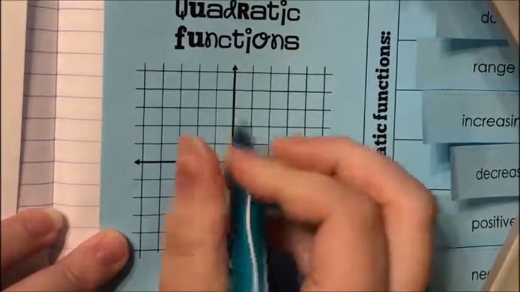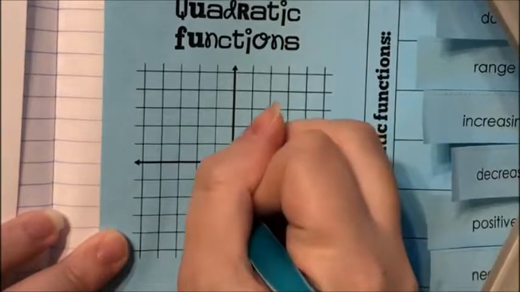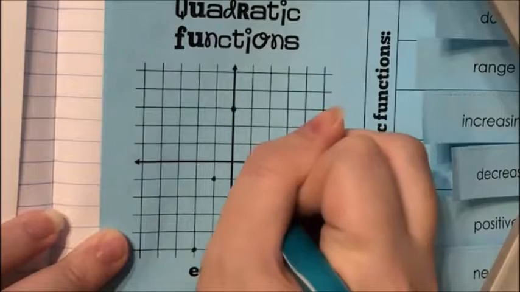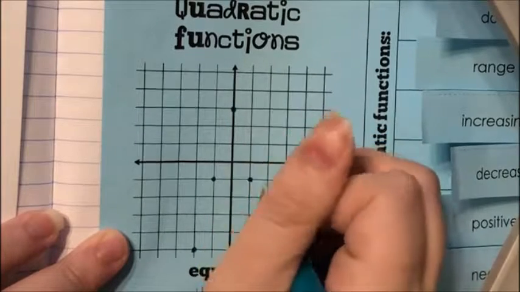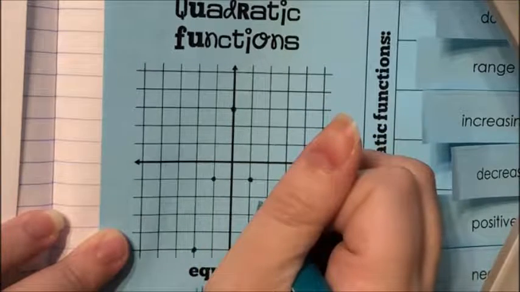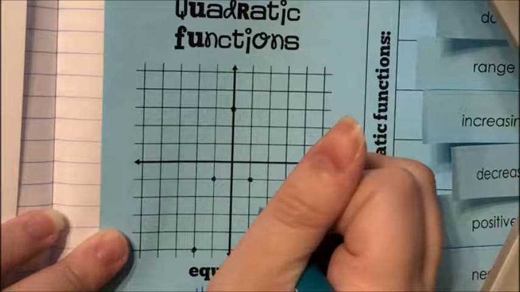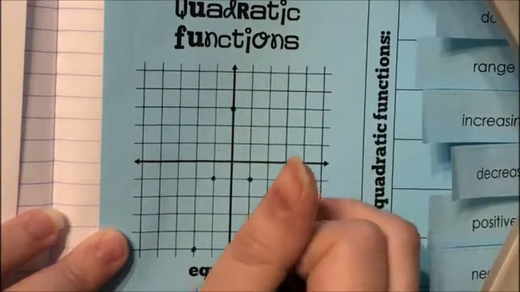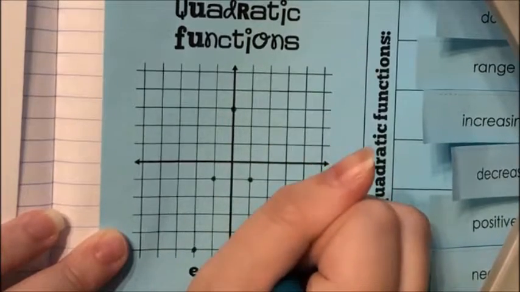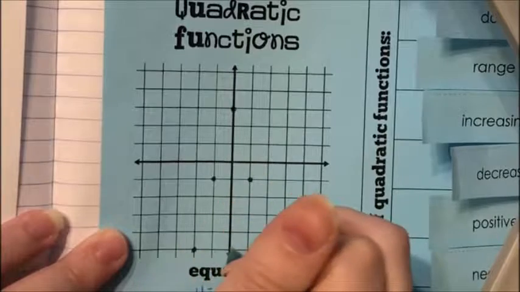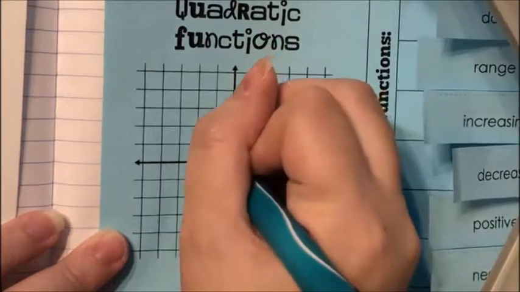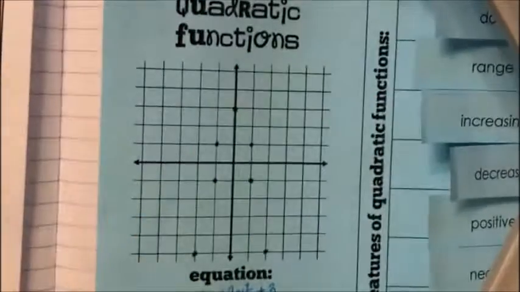There's (-2, -5), (-1, 1), (0, 3), (1, 1), and then (2, -5). Oops, sorry, those should be there.